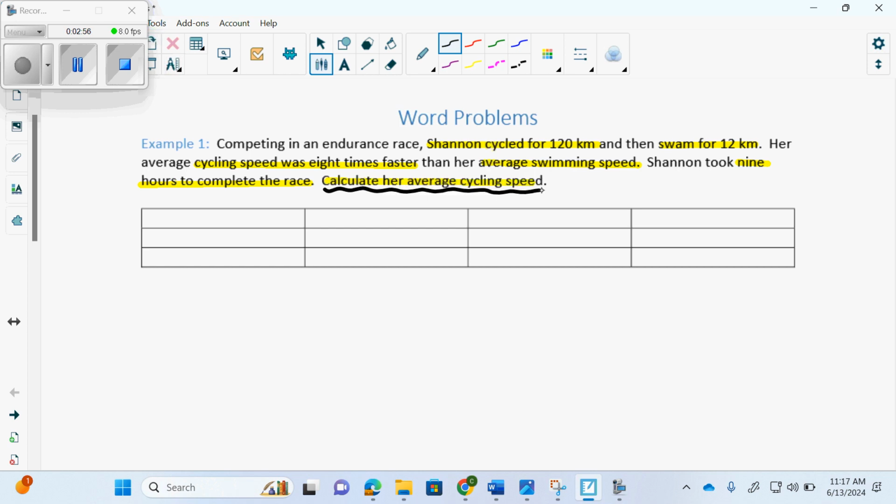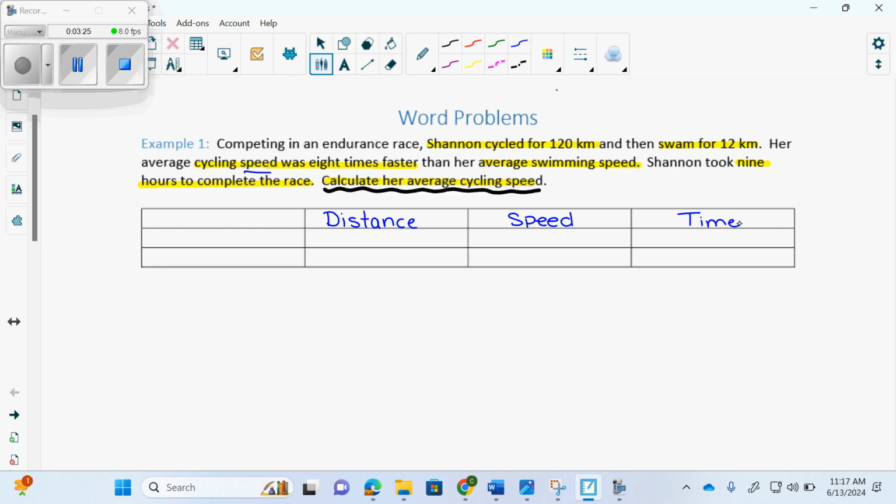So we know in here we had distance and we had time. We discussed that, yes? So your chart you can make will always have distance. What else did they talk about? Cycling what? Speed. And then you talked about time. Distance, speed, and time.